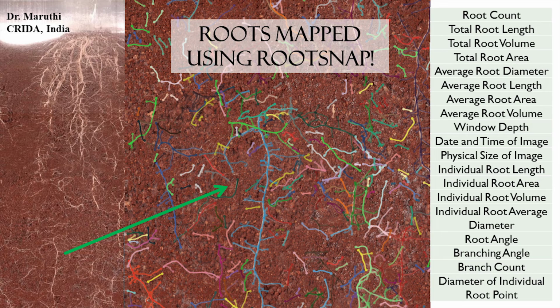And the image to the right, you can see, is just the lower portion of that stitched together image. And you can see how many individual roots are present in a single image. And for each root colored and mapped in the software, the metrics shown to the right are calculated and recorded automatically.